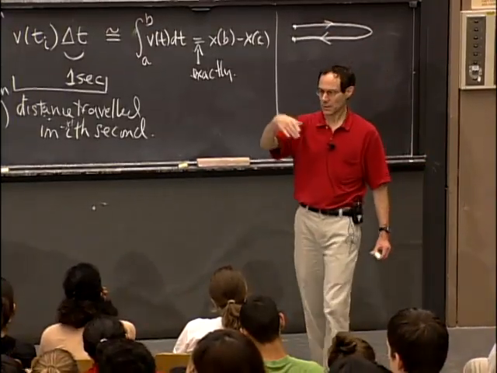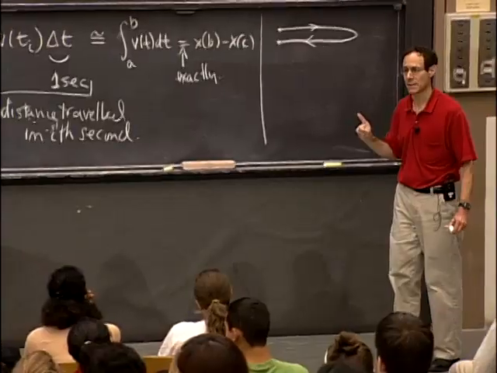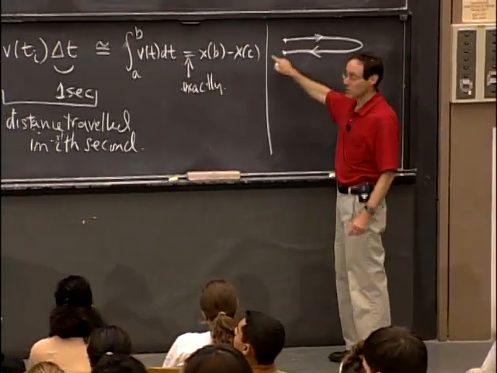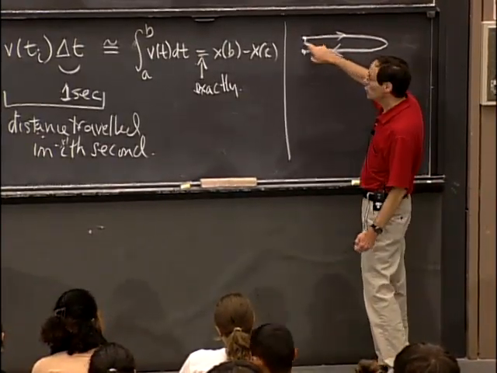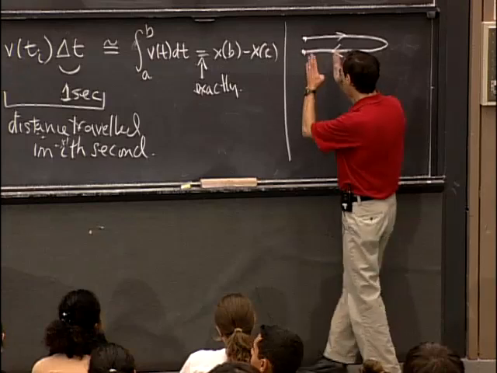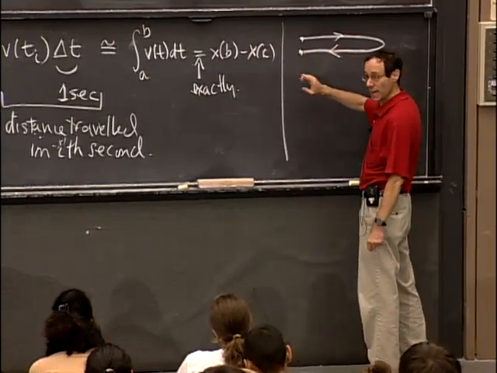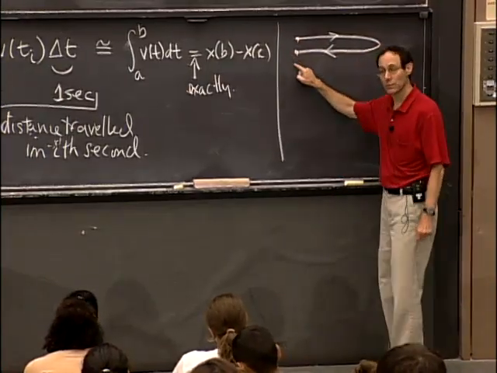The answer is yes. That's one question that you could ask. One question you could ask is, what's the total distance traveled? And in that case, you would keep track of the absolute value of the velocity, as you said, whether it's positive or negative, and then you get the total length of this curve here.